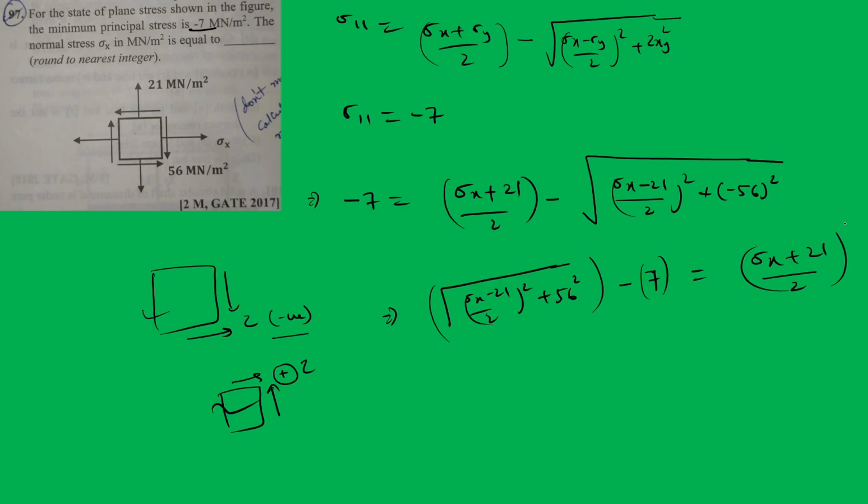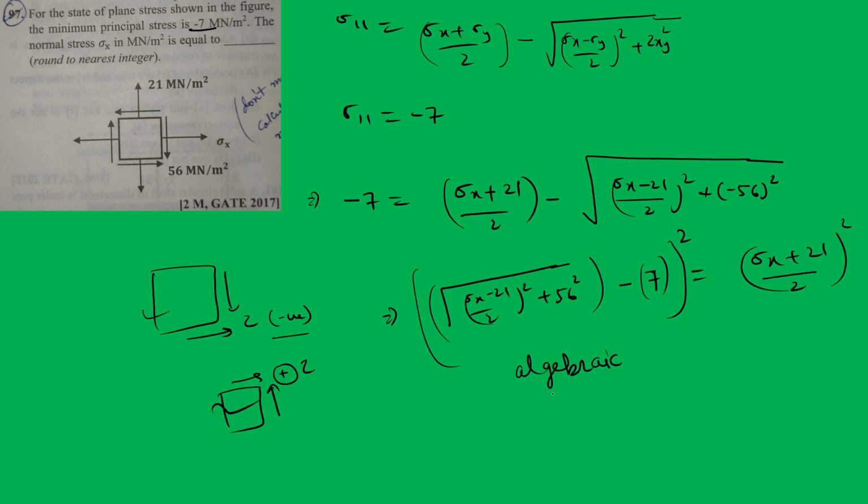Okay, now we will do the whole square on all the sides, and if you do the whole square, then this will become a minus b whole square, and this will become something like that. Okay, this is purely algebraic manipulation.